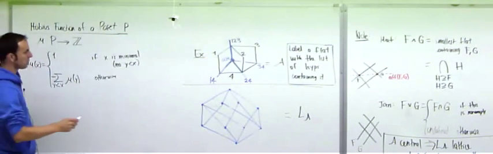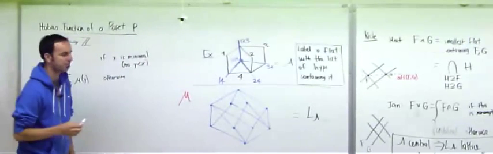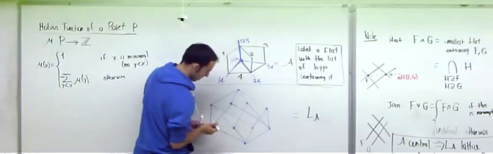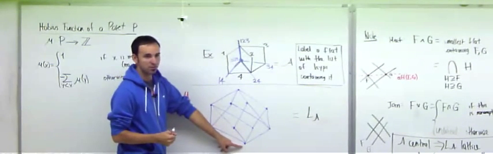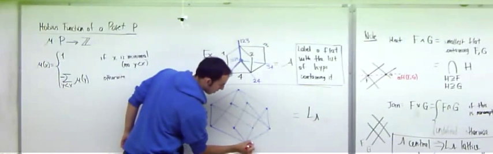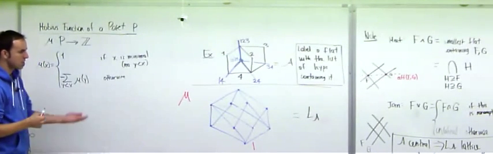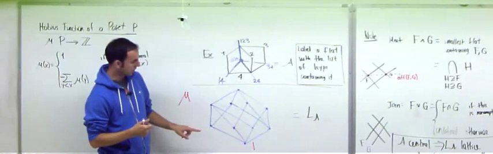So I'm going to compute the Mobius function in red. Okay? So first I start at the bottom of the poset, and there's only one minimal element, and I assign a 1. Okay? And then I move up, and I say, okay, what is the Mobius number of this element?